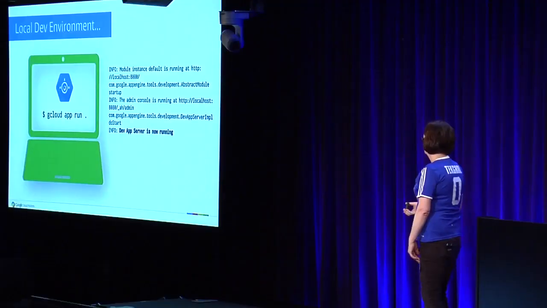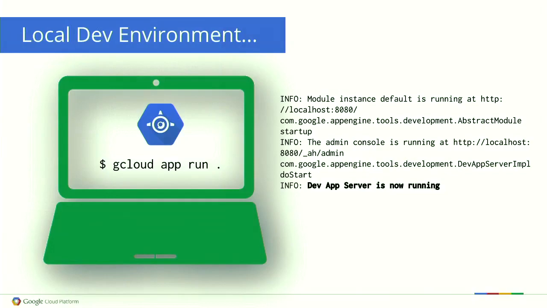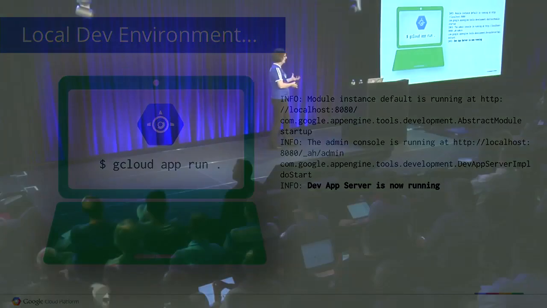Local development environment is also really important. This is the ability to really build and test your application before you ultimately deploy to production. And we use the Cloud SDK for this. Example code there is gcloud app run. You run this on your laptop or on your desktop. It will run the application locally. It effectively runs App Engine locally, including the Cloud Datastore, which we looked at earlier. So it has its own datastore.